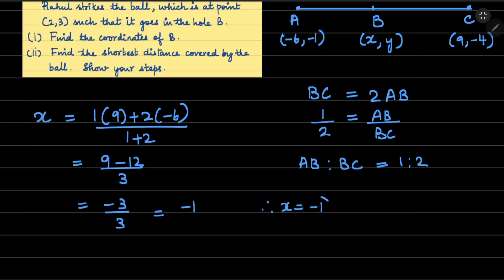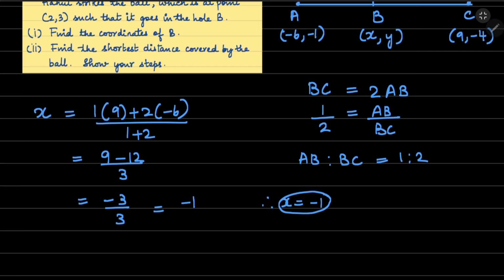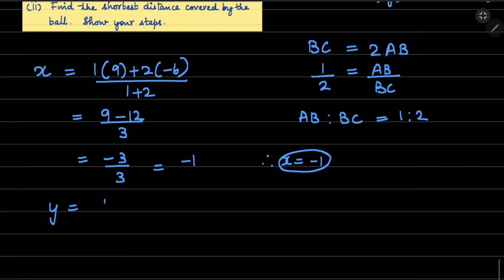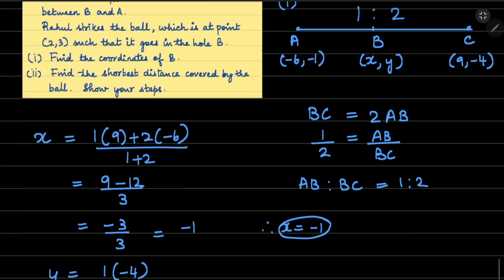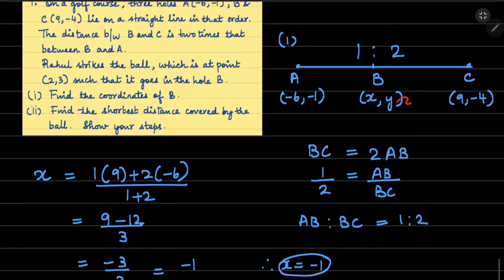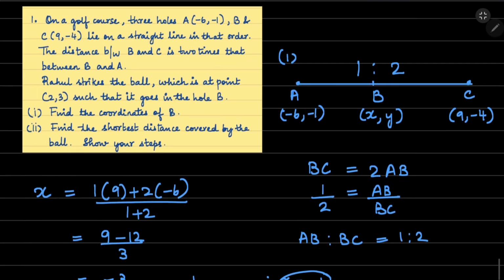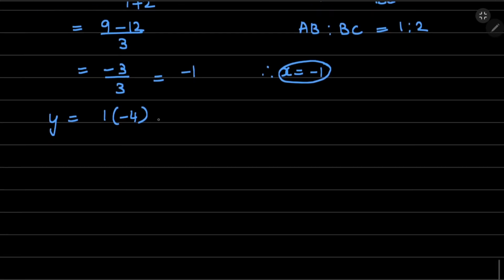X equals -1. Let's calculate the y coordinate of B in the same way. So y is equal to 1 into -4 plus 2 into -1, divided by 1 plus 2. For calculating y, you only use y1 and y2, so (1 into y2 plus n into y1) divided by (m plus n). So what do you get?